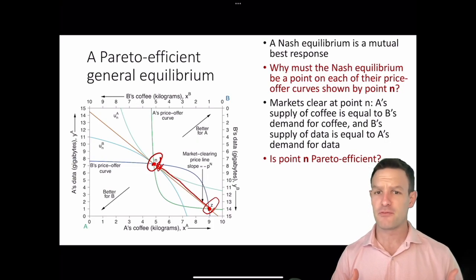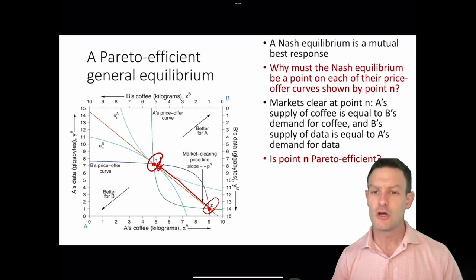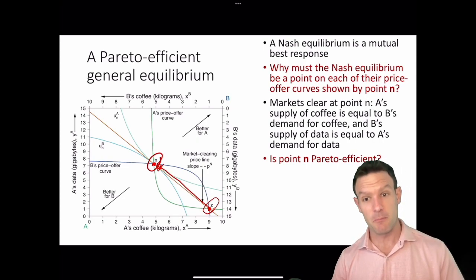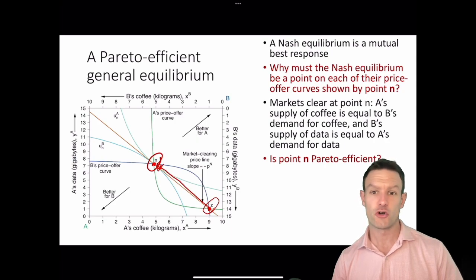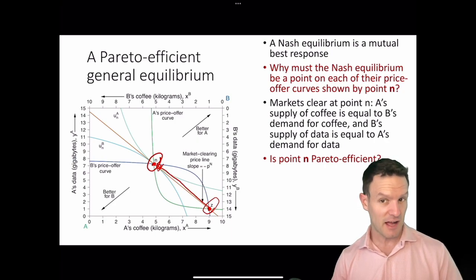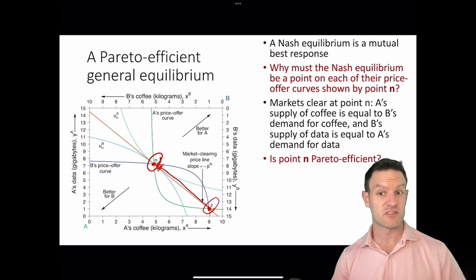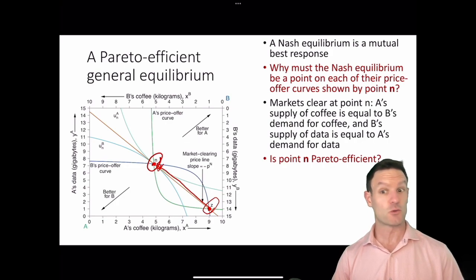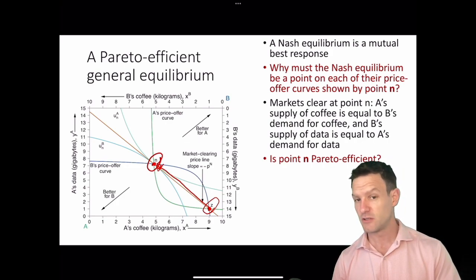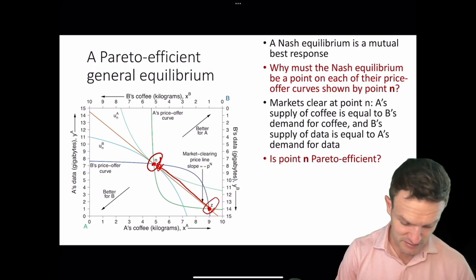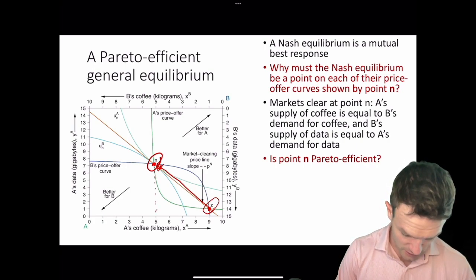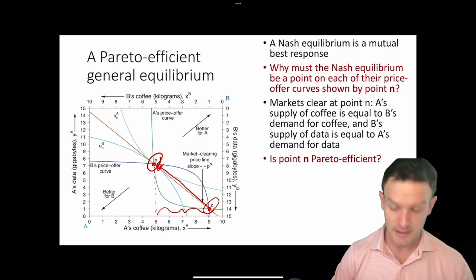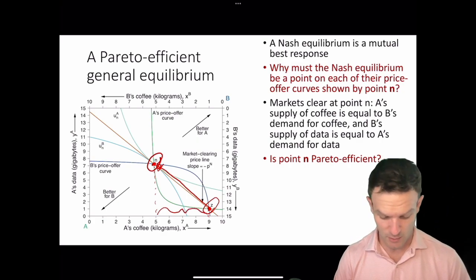Now, let's think about this. Is this point going to be a mutual best response? What we can see here is that it's going to be one where A's demand for Y is going to equal B's supply of Y, and A's supply of X is going to equal B's demand for X. So we can see that by seeing here, if we move down by our points and we look at the amount of X that A is willing to provide, that would be here.